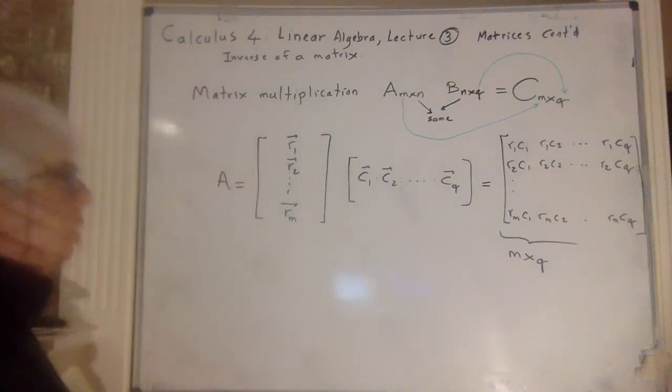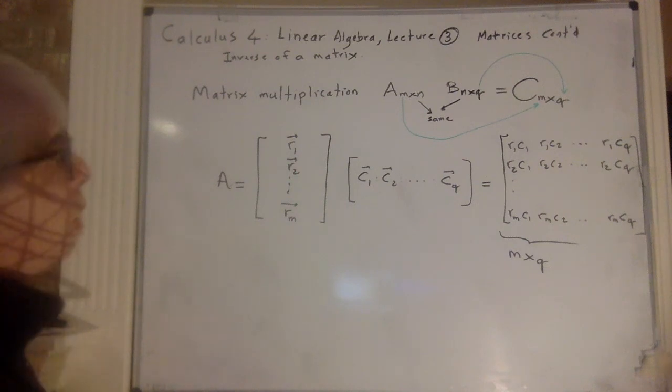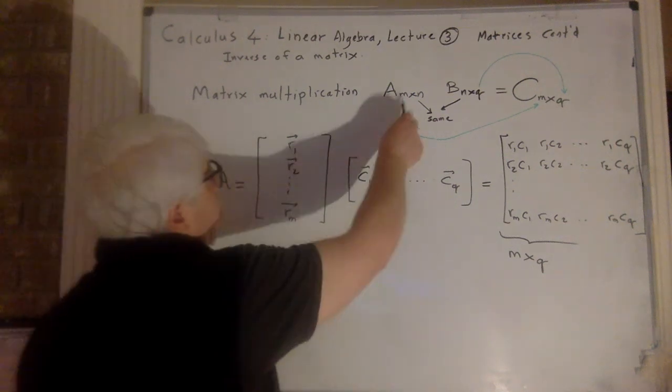The middle one should be the same, and it doesn't show up in the end result as the size of the matrix. So the size of the end result is this times this.